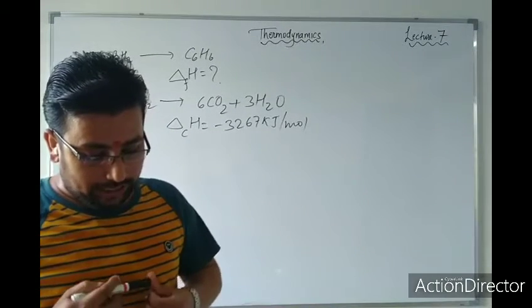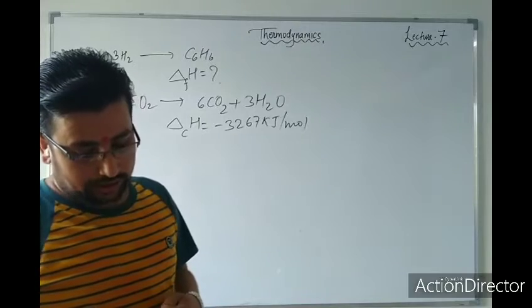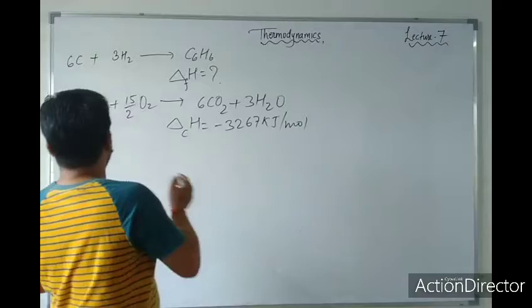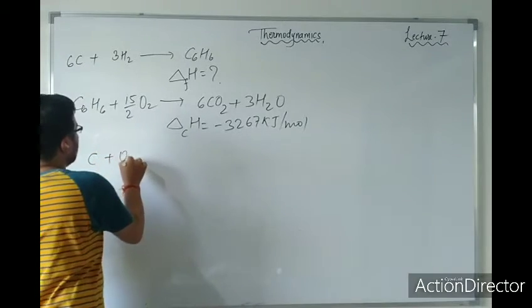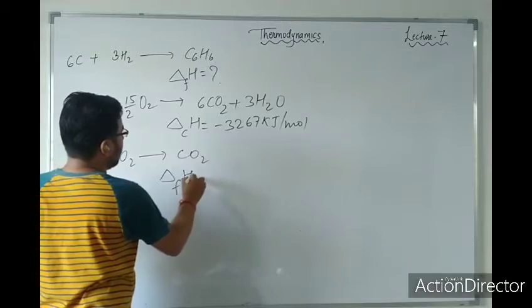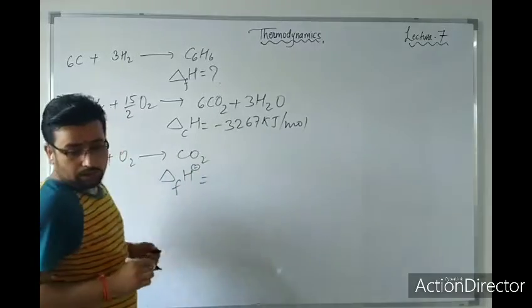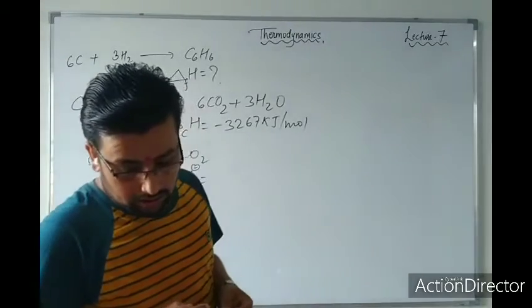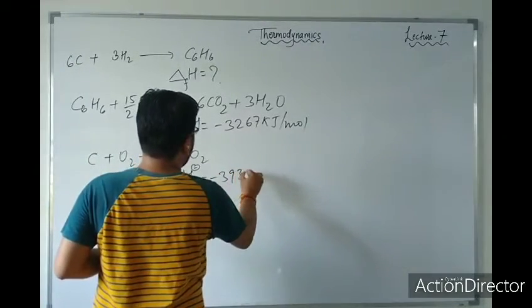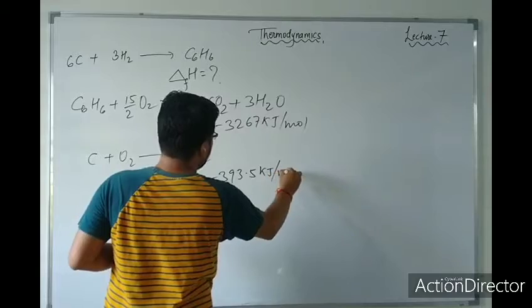That means for carbon dioxide and water, enthalpy of formation is given. C plus O2 gives CO2, and the enthalpy of formation is given here, minus 393.5 kilojoule per mole.